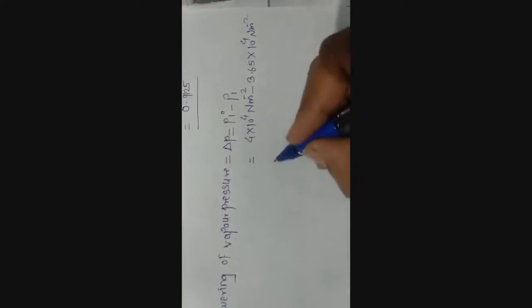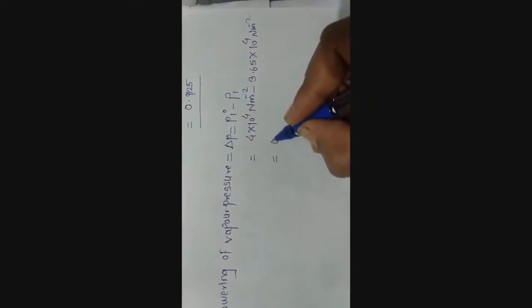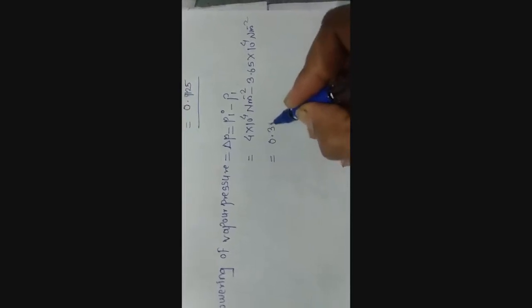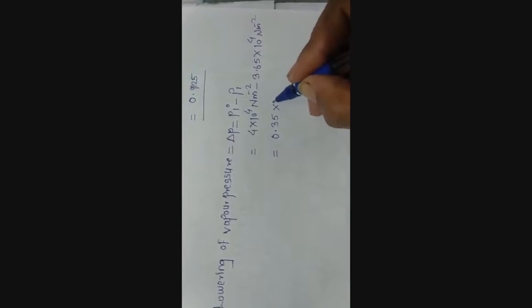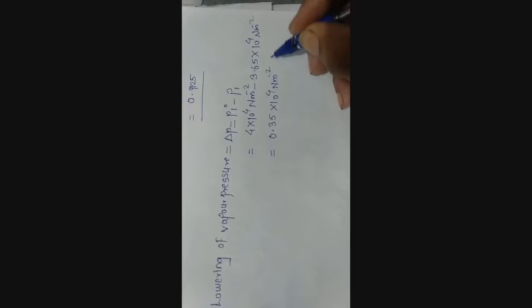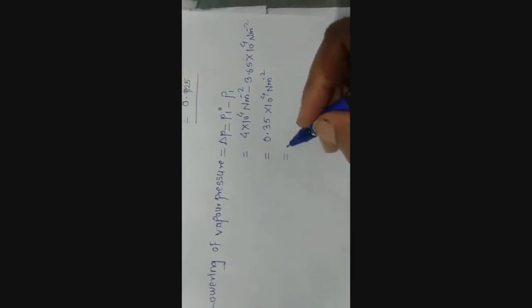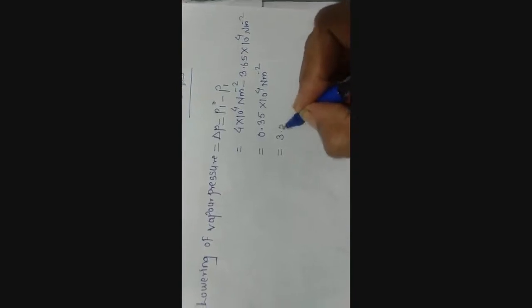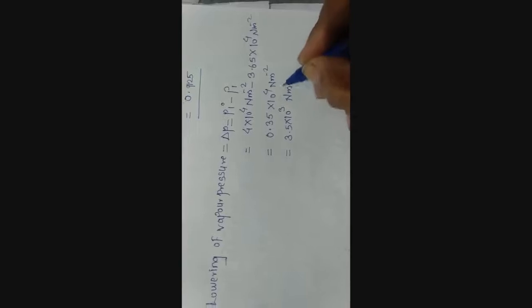We get the subtraction 0.35 into 10 raised to 4 Newton per meter square. Adjusting the decimal point, we are getting 3.5 into 10 raised to 3 Newton per meter square.